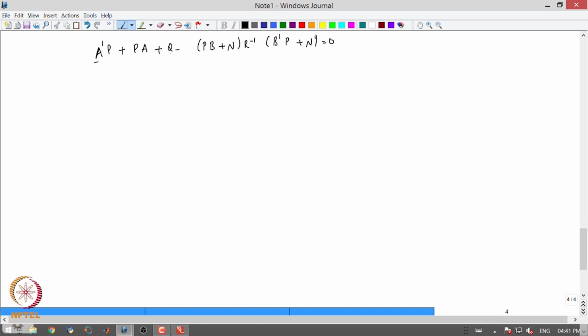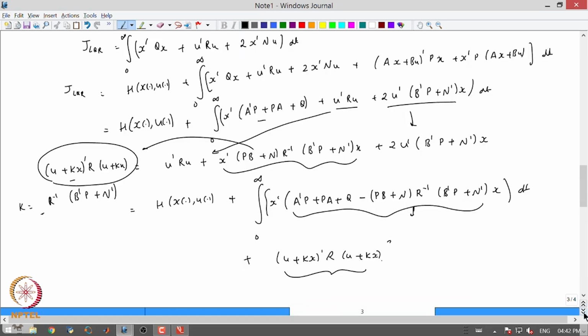Well, A is given to me, Q is given to me, B is given to me, R, also N, everything is given to me except P. So if one can find a P which sets this term inside the bracket to 0.